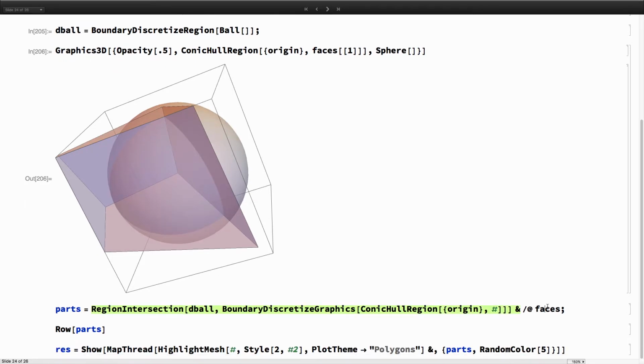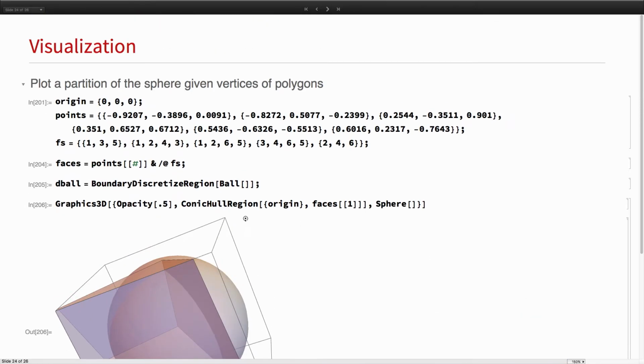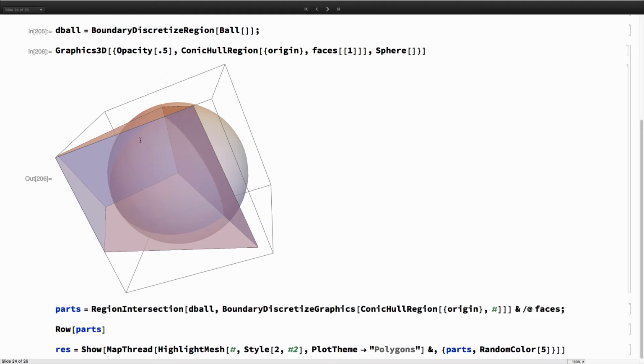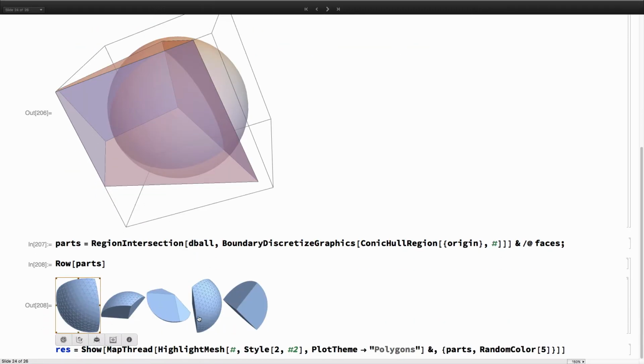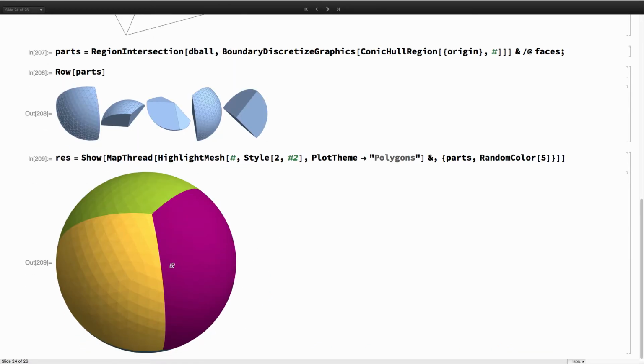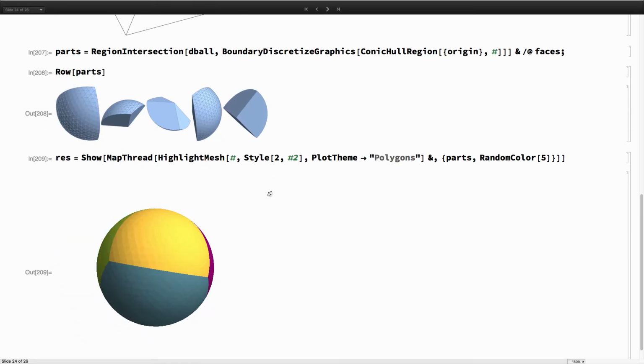I just plug in the given faces and create cones defined by those faces, and then just do the intersection. And I get this partition here, like you see. Then mapping a color to each side and combining the results, you get the partition of the ball.